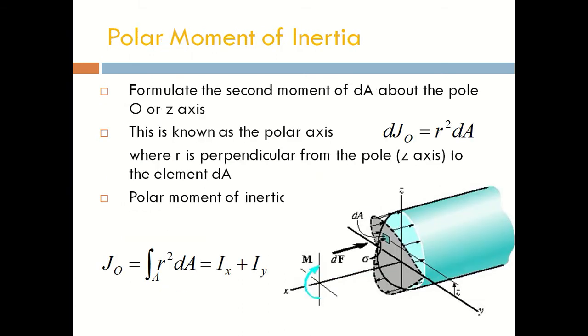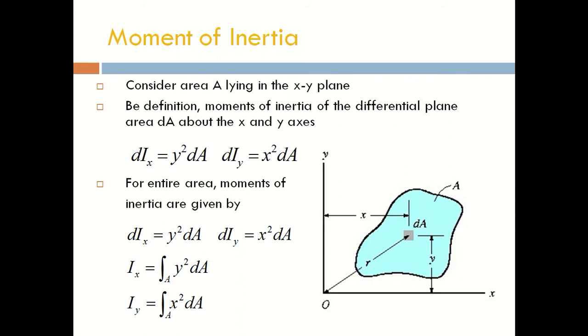Now the polar moment of inertia. In the previous figure, we found the moment of inertia about the x-axis and y-axis. Both are perpendicular to each other. If you consider an axis which is perpendicular to both of these axes, then that axis is called the polar axis.